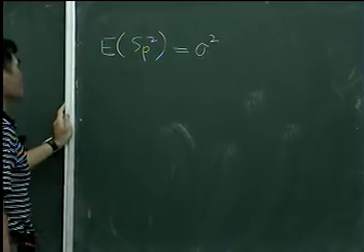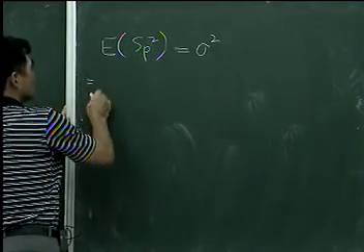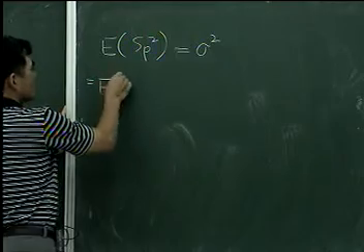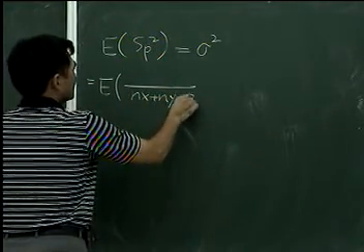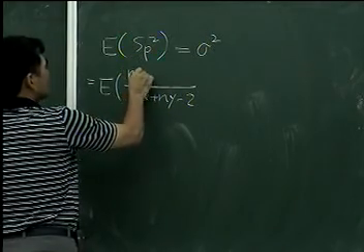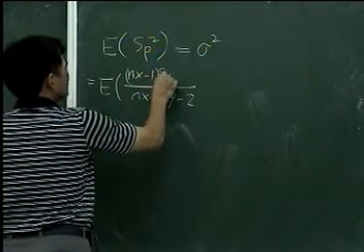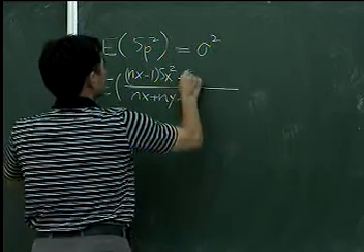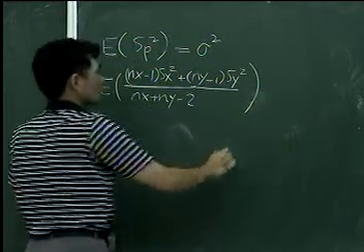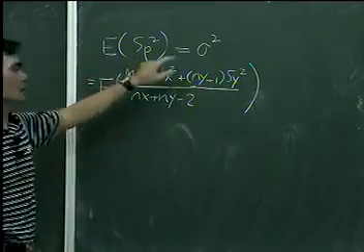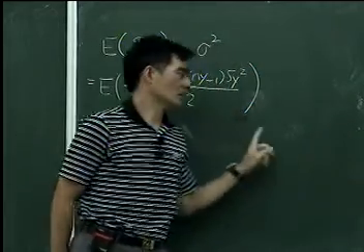So this is equal to the expectation of (1 over nx plus ny minus 2) times (nx minus 1) Sx squared plus (ny minus 1) Sy squared. We simply plug in the formula here.